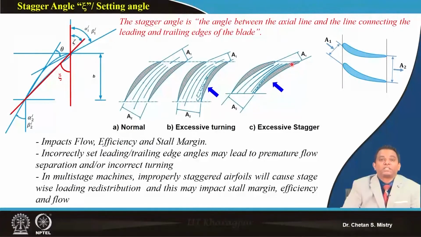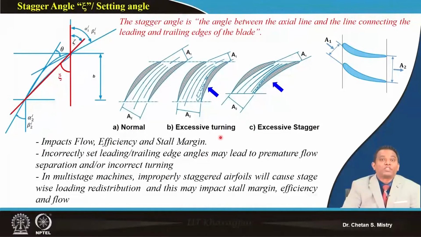When the stagger is excessive, we have flow separation from the suction surface. That leads to increased losses, which means our efficiency decreases. So in order to improve efficiency, we need to be very careful in the selection of this stagger angle.